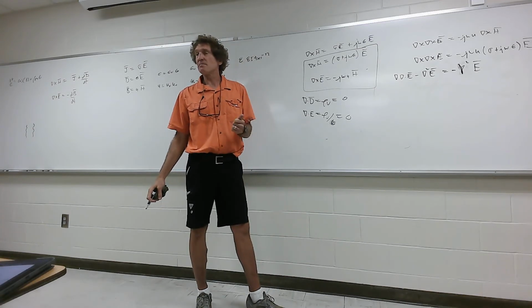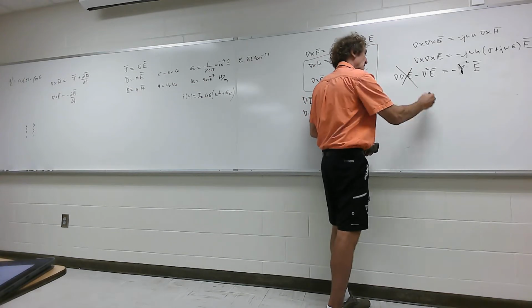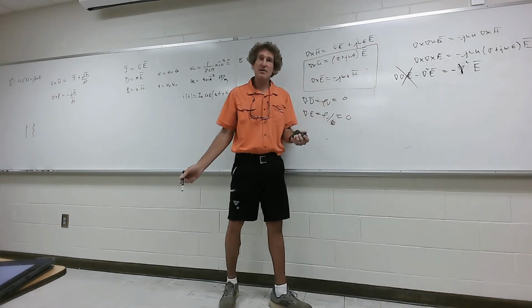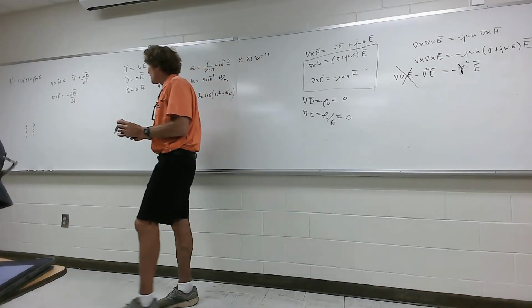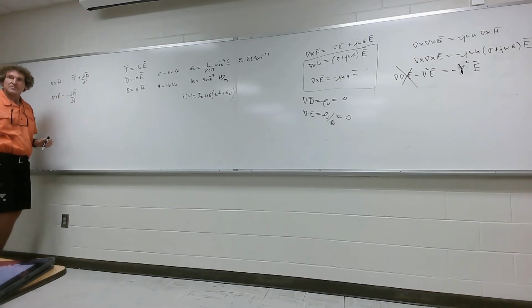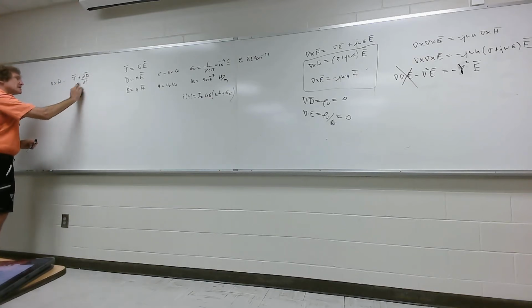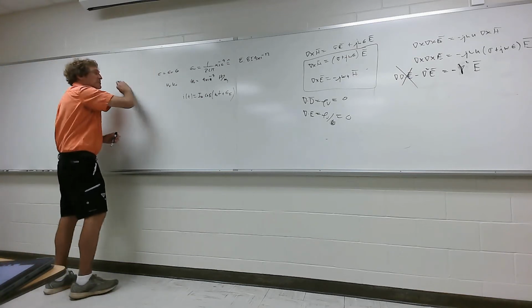So when I make the assumption it's charge-free, I can get rid of this term. Now things are looking better. I've gotten rid of them. Now I'm going to get one equation with one unknown. I'll do it over here. I'm trying to write it high so y'all can see it. By the way, are you having any luck recording this? Okay, outstanding. Maybe I'll do it right here so you can actually see it.